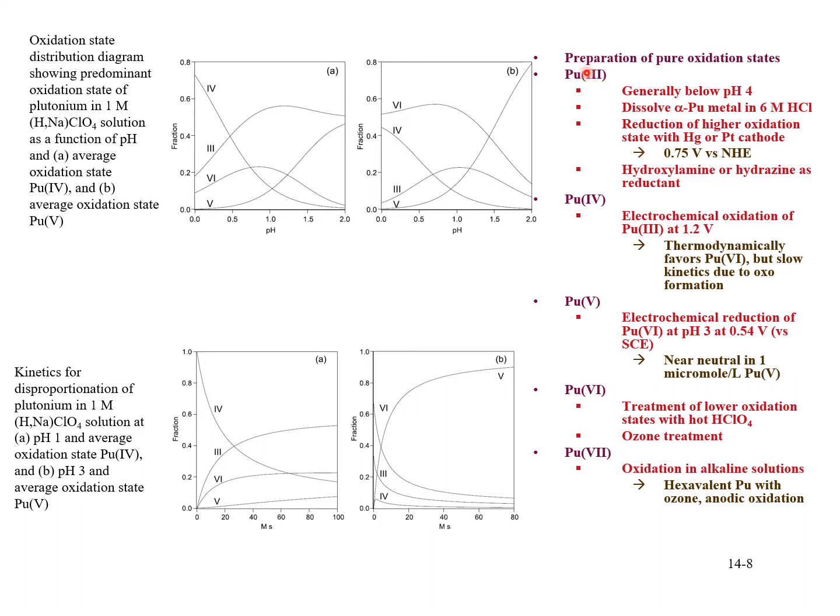If you were to make a 3 or a 4 plutonium oxidation state, you would take your solution and reduce it to the 3, for instance using hydroxylamine. Then if you wanted to make the 4, oxidize that up. Conversely, if you wanted to make the 6, oxidize everything to the 6. Ozone's a very good route for doing this. And then if you wanted to make the 5, reduce the 6 to the 5.